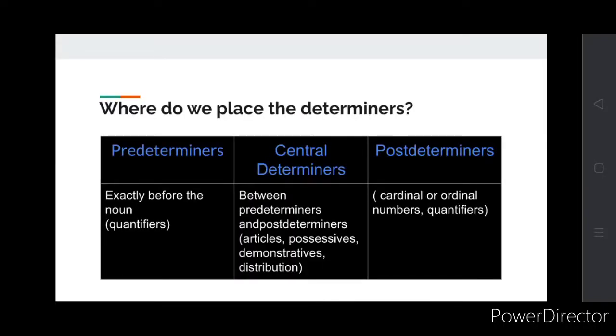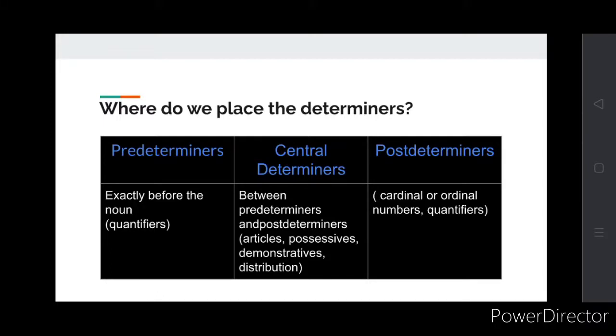Now coming to where we place the determiners in a statement, where do we use them? There are three positions where we can use determiners: predeterminers, central determiners and post determiners. Predeterminers generally come before the central determiners if there is one, or directly before the noun. And mostly the predeterminers that are used are quantifiers.